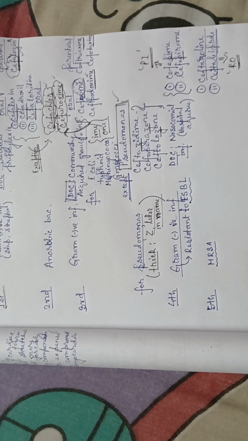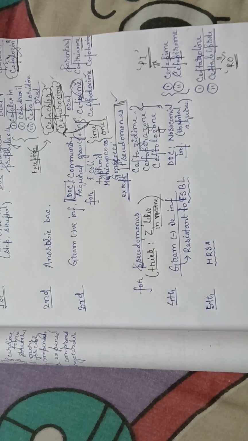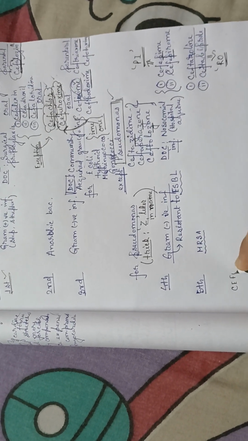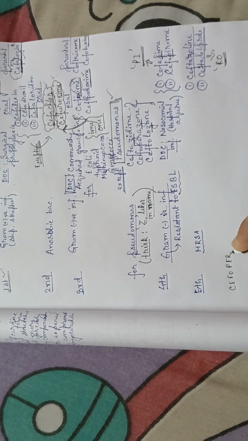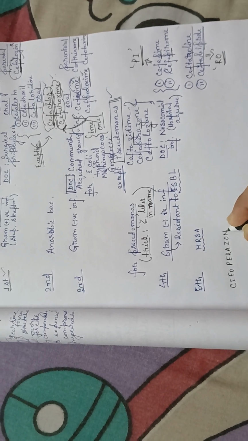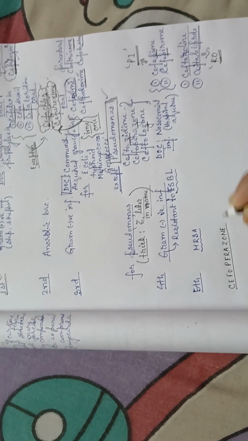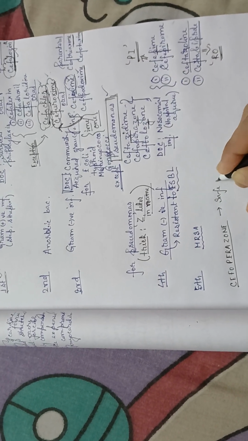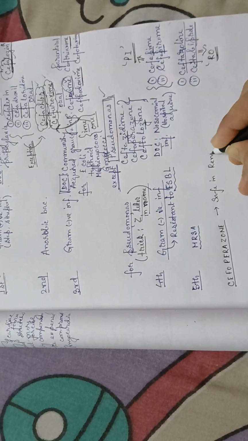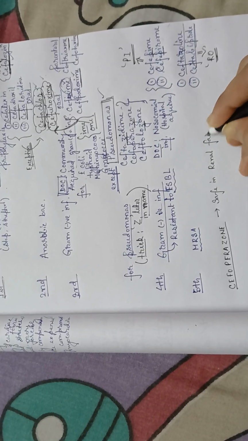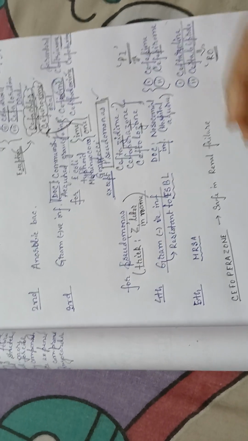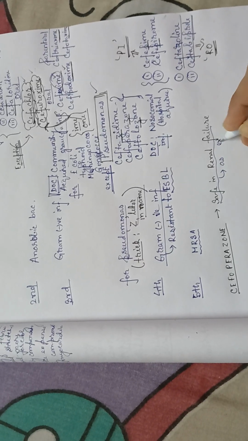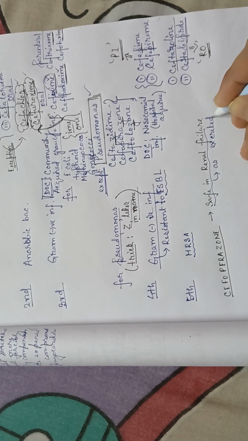Now we have to know certain information regarding a special drug, cefoperazone. What is the information? At first, it is safe in renal failure, because it is excreted in bile.